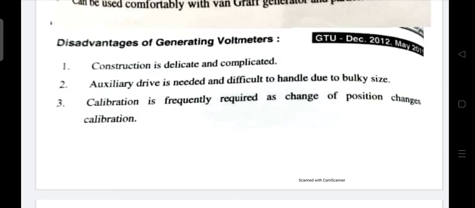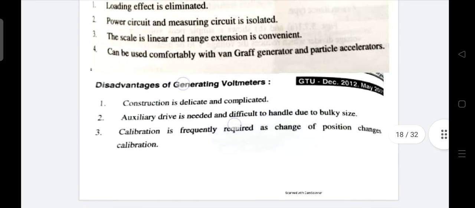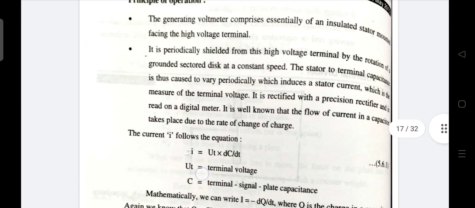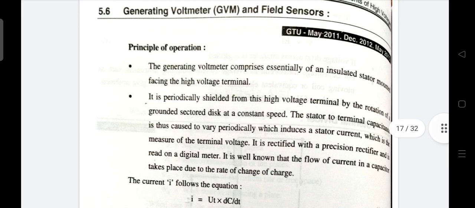Construction is delicate and complicated, an auxiliary drive is needed, and it is difficult to handle due to its bulky size. Calibration is frequently required, as change of position changes the calibration. So these are the advantages, disadvantages and the principle of operation of the GVM, the generating voltmeter.